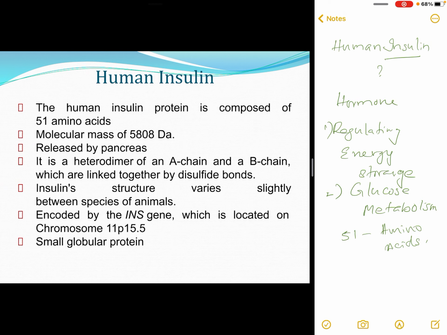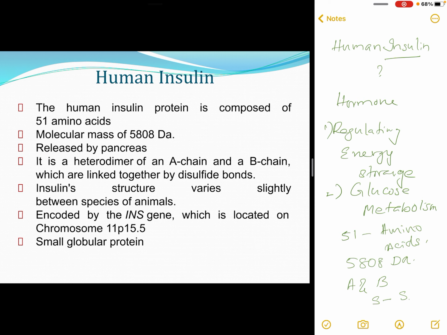The molecular mass of human insulin is 5808 Dalton, and it is released by the cells of the pancreas. It has two chains, A chain and B chain, linked together by disulfide bonds, that is sulfur to sulfur bonds.